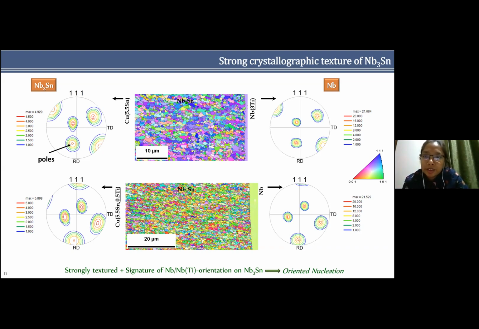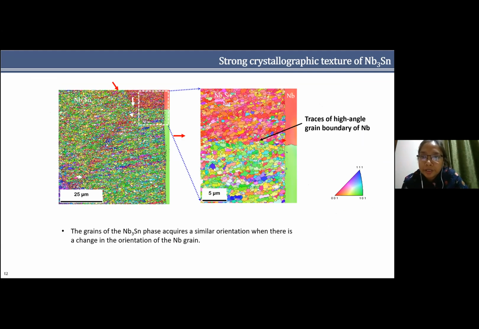We were lucky to locate the trace of a high angle grain boundary for one of such niobium grains, and you could see that the grains of the Nb3Sn phase acquire a similar orientation the moment there is a change in the orientation of the niobium grain.